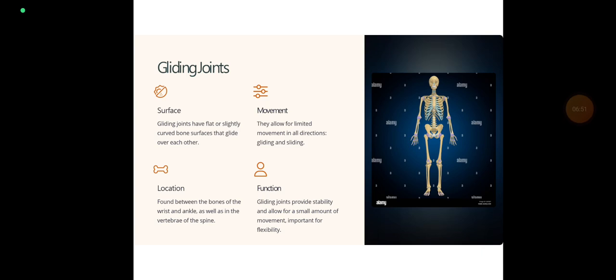Gliding joint. In a gliding joint, the bones are flat in shape. In this, the bones easily glide or slide over each other. They are also known as planar joints. The surfaces of the gliding joint have flat or slightly curved bone shapes that glide over each other.